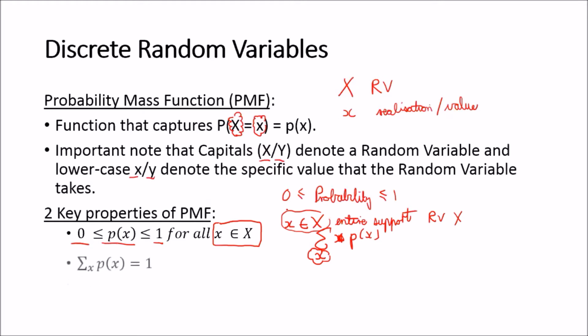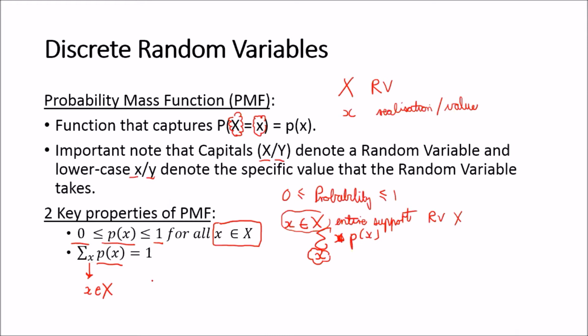Okay, so the second property is that the summation of the probability mass function over x element of the random variable X, all the values that the random variable X can take, should be 1. And the reason for that is we know that the probability can only be less than or equal to 1 and greater than or equal to 0.